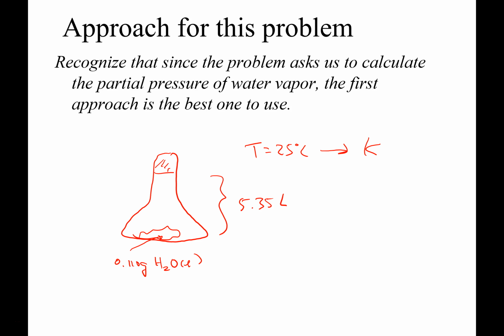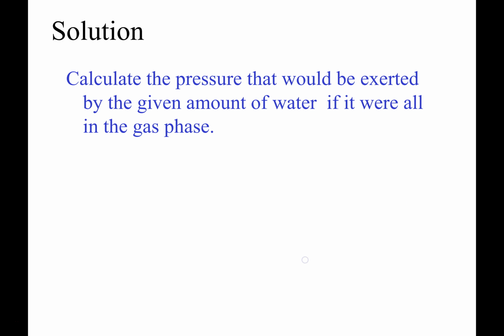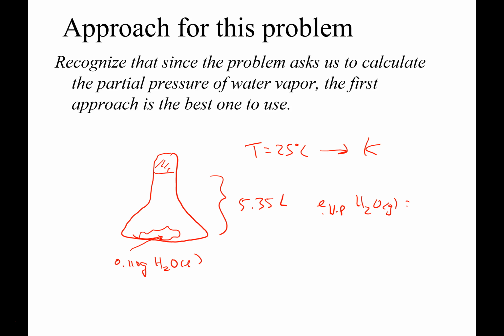Anyway, when temperature is equal to 25 degrees Celsius, the equilibrium vapor pressure of H2O gas is 23.8, and the units are torr. So I'm going to compare my pressure to make sure it's under that, to know that it wouldn't be saturated. So here we go. I guess I didn't need to draw that.